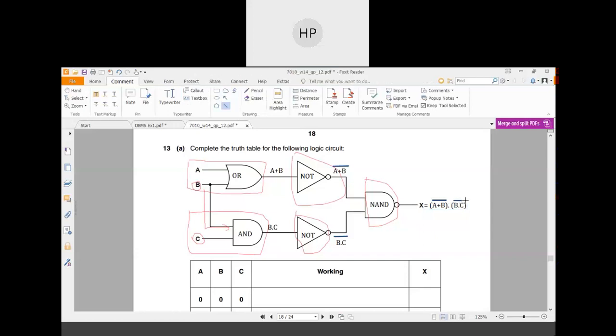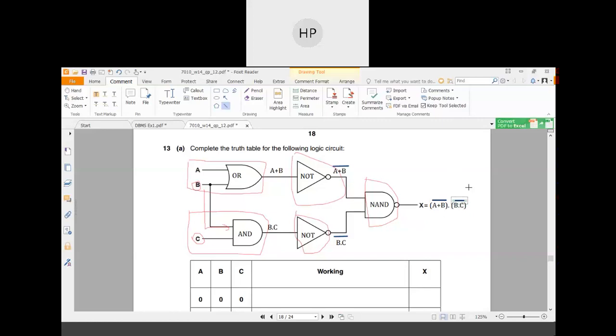So A plus B bar is there, and we have B dot C bar. If both have bars, should we draw only one bar for both? Yes, one bar for both. If they went through separately, you have to draw them separately.